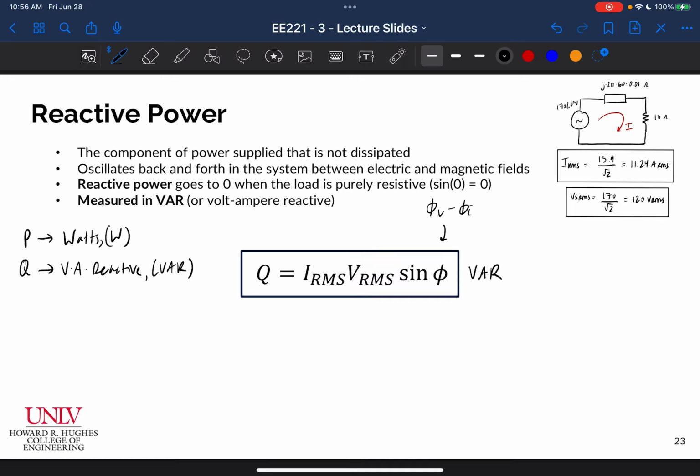And then we've got our apparent power, which is measured in volt amperes. I didn't write that out, I'll just write it as volt amperes. So those are our units.